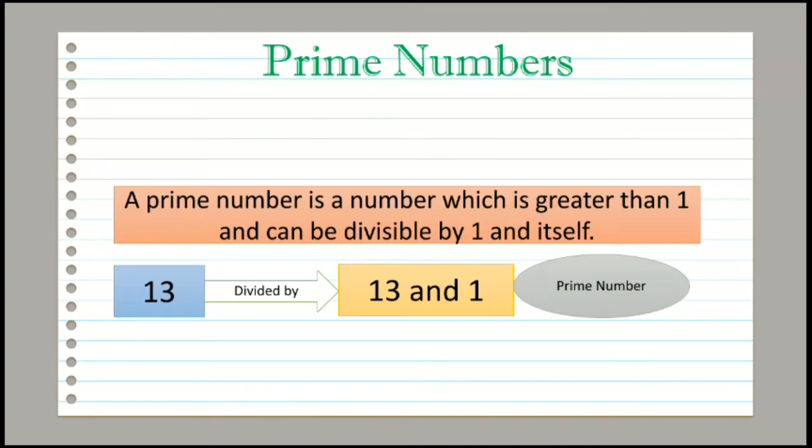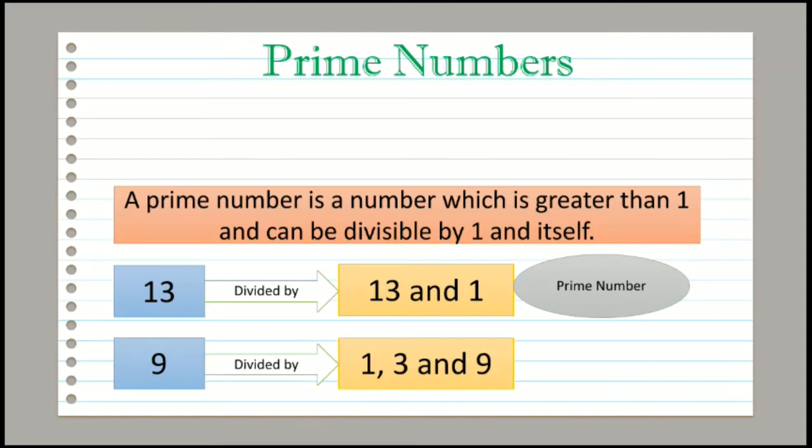Suppose the given number is 9, then 9 can be divided by 1, 3 and 9 directly. So apart from 1 and 9, it can also be divided by 3. That means 9 is not a prime number.